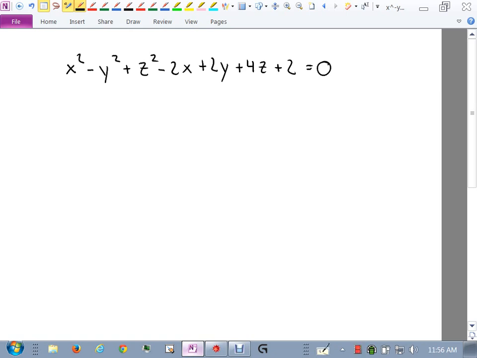Once we complete the square, we'll start to move everything around, start to see if we can get it to look like something that we're more familiar with. So I'll have x squared minus 2x minus y squared plus 2y plus z squared plus 4z plus 2 equals 0.